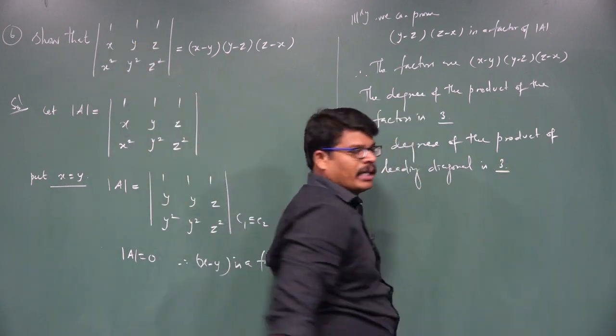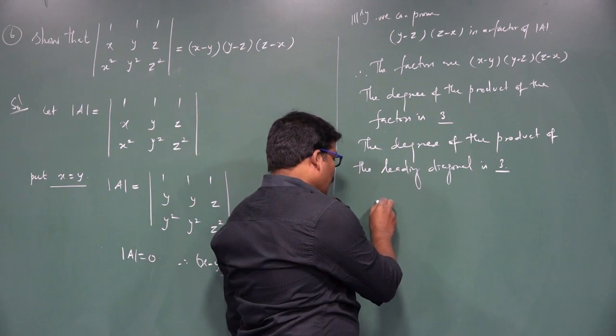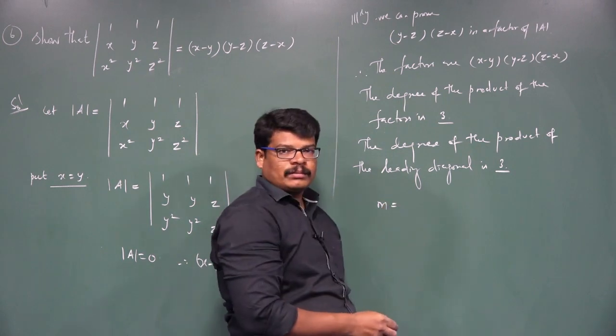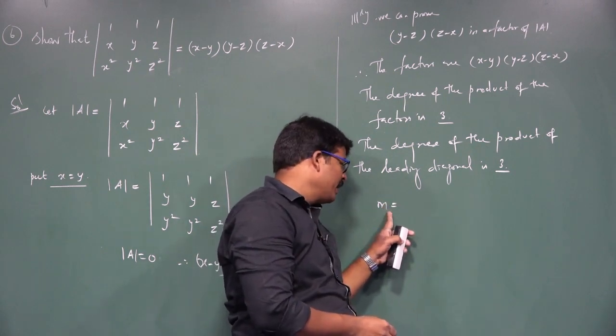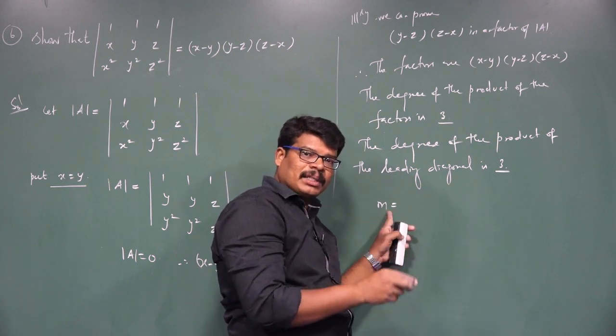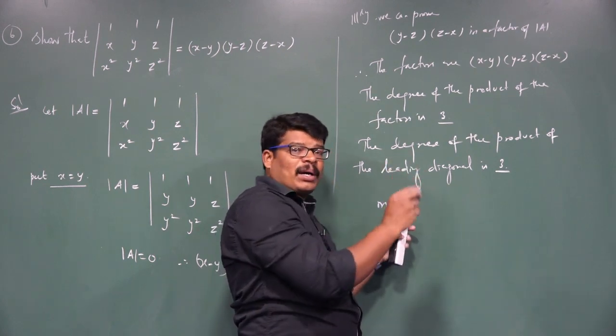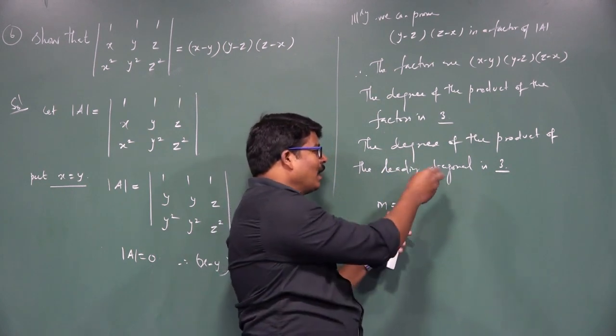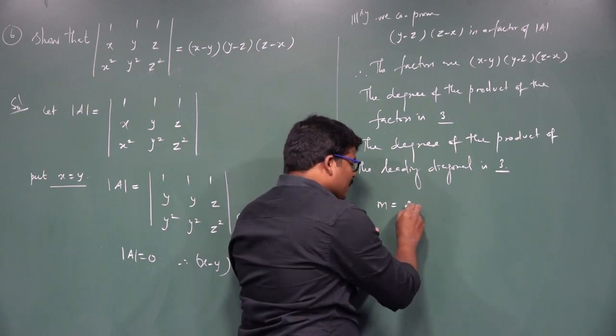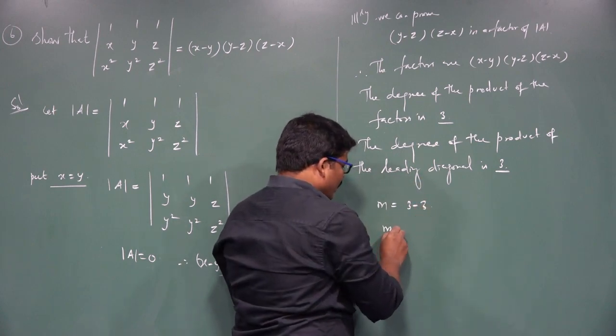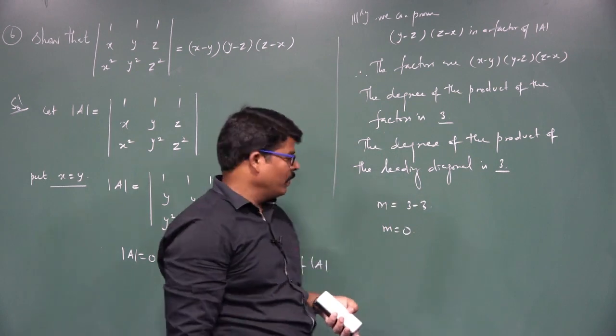Now find m, the difference between the degree of the product of the factors and the degree of the product of the leading diagonal. 3 minus 3, so m equals 0.